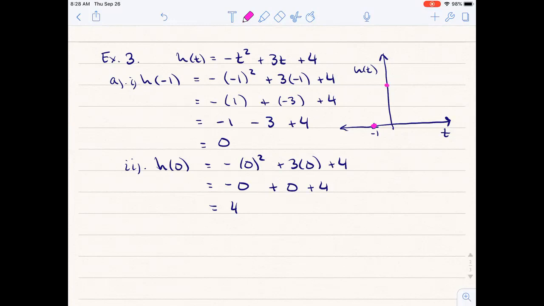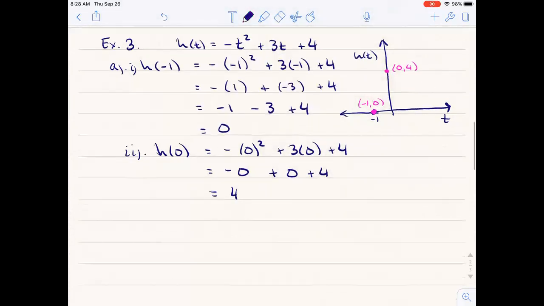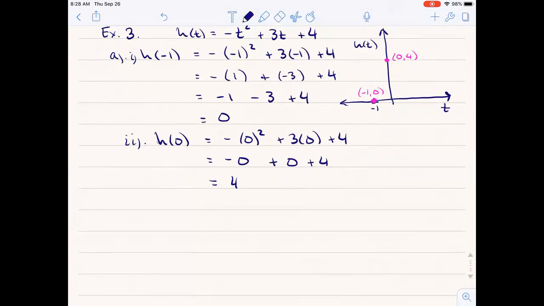Let's just pretend it's there. 0, 4, negative 1, 0. So already we kind of see a little bit of what this function looks like. So let's keep going, or let's stop.